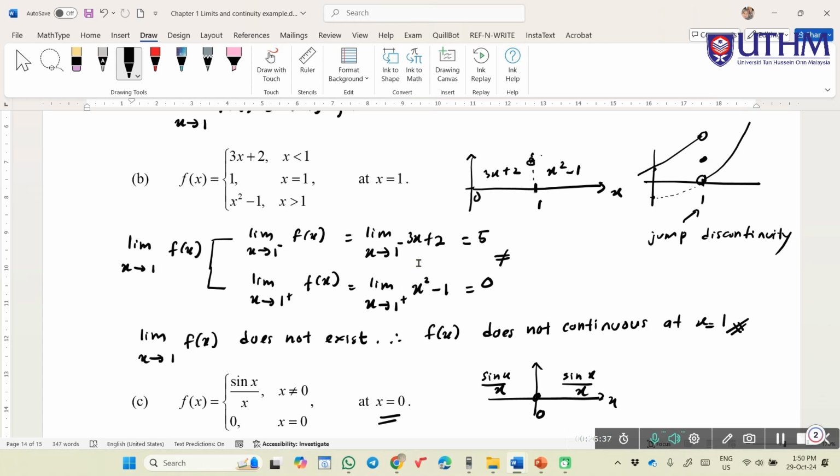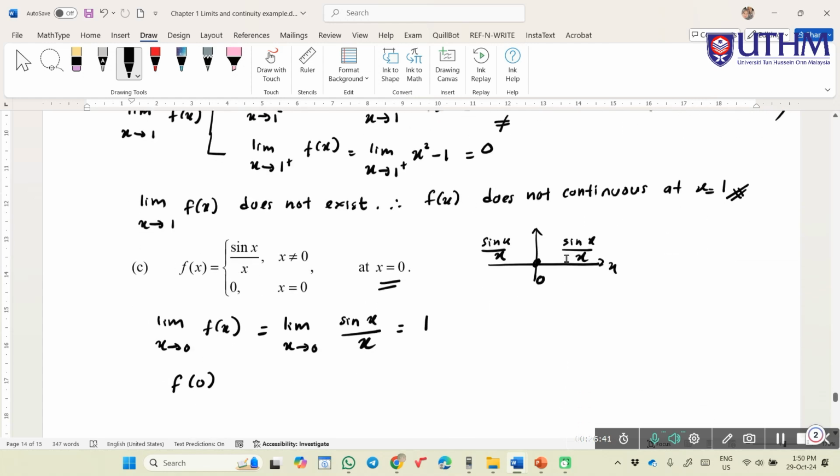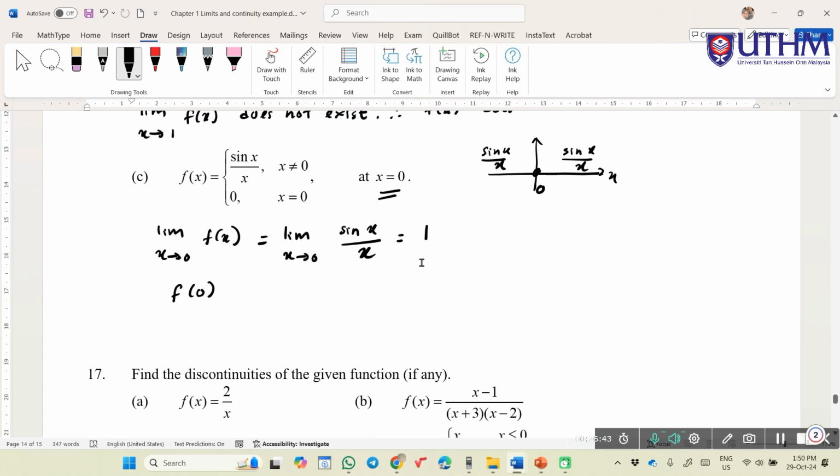So we can directly say that the function is not continuous. For this example, the limit as x approaches 0 exists and the value is 1. So for the second condition, we need to find f(0).